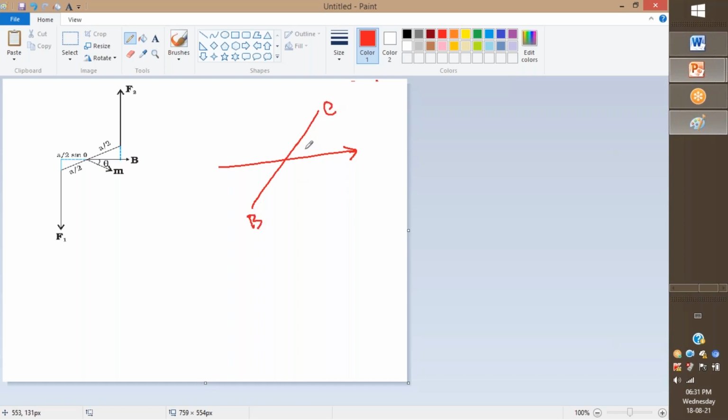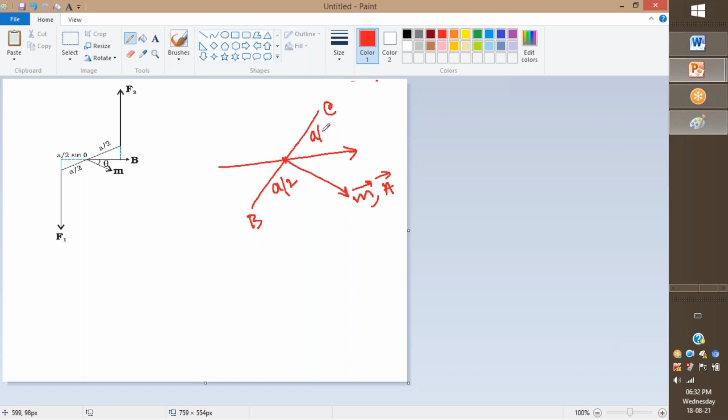I'll just draw maybe here. Look, this is the magnetic field direction, and your loop is like this. So this is BC, this is the BC line. This is perpendicular to BC, which is the direction of M also, and M vector means the magnetic moment vector as well as the area vector, because the area vector will be perpendicular to the area as well as to any side of the loop.